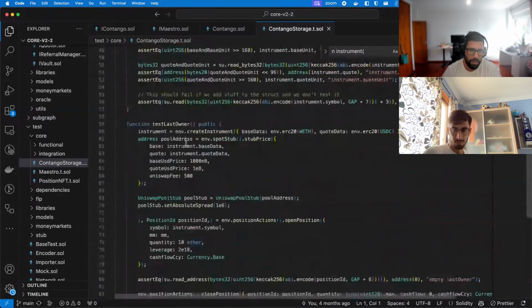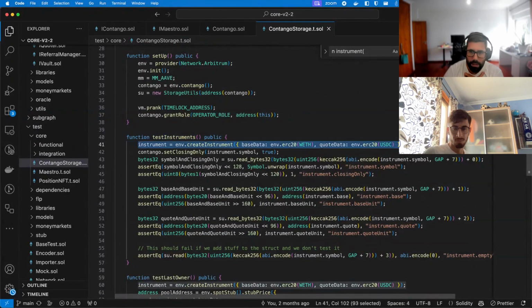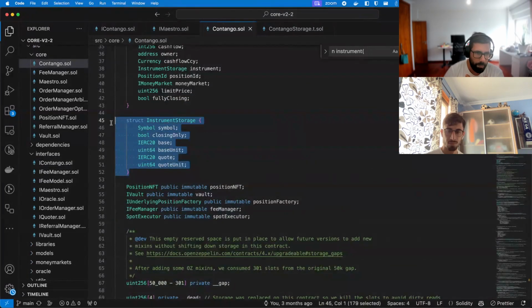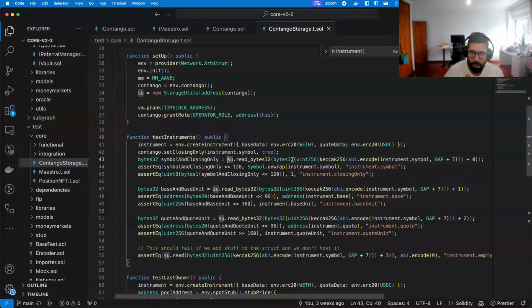For each one of the things that we store in Contango, we have this test where, if we create an instrument, we can go and read each one of the storage slots that the instrument uses. And because this is storage, we will be packing here. So these 2 things go together, these 2 things go together, and these 2 things go together. Here, we read each one of the storage slots. We know how this is encoded, so we decode it, and then we look at the code and see that everything is correct. And then we also have this failsafe.